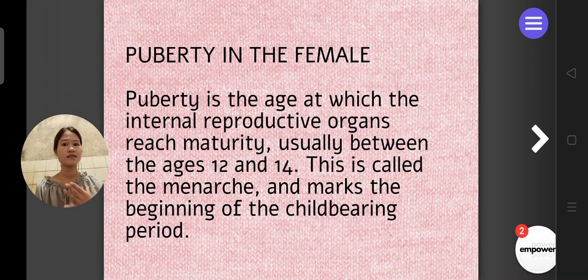Even yung hair natin sa baba, nagkakaroon tayo ng pubic hair. And nagkakaroon siya talaga ng changes kapag dumaan tayo sa stage na nagdadalaga na.